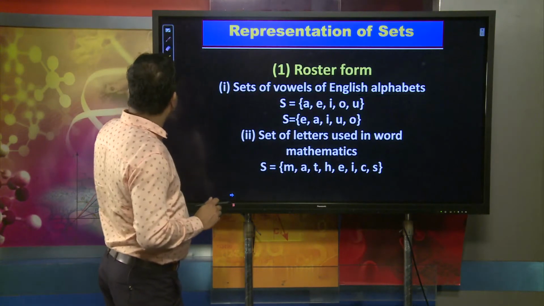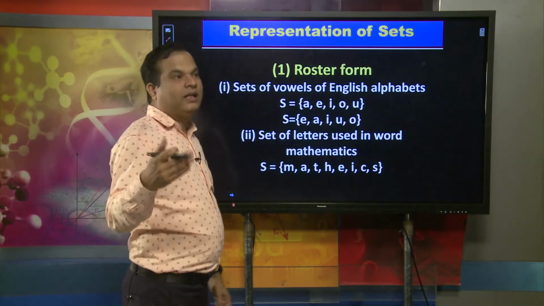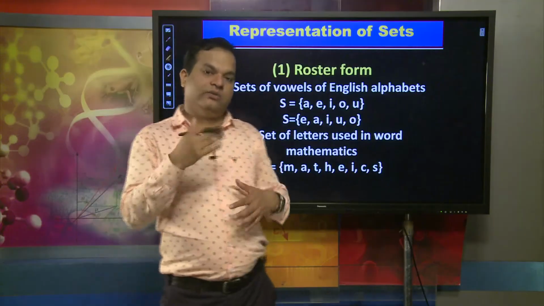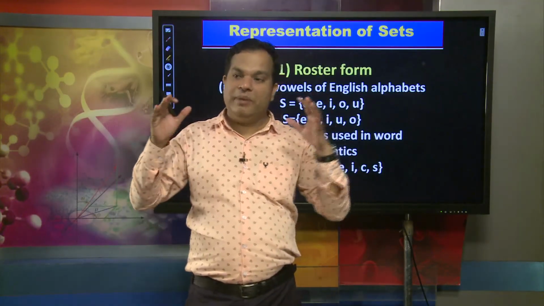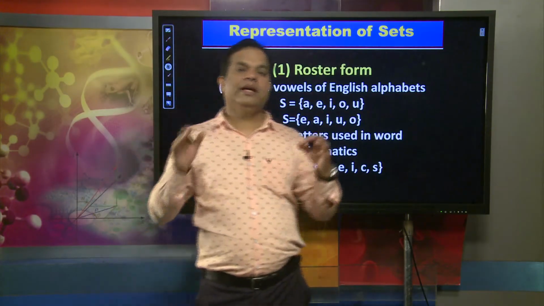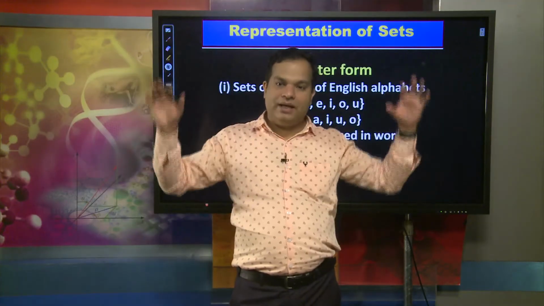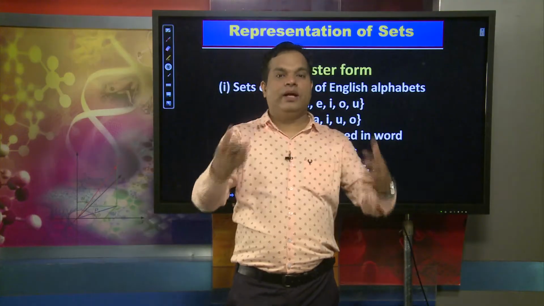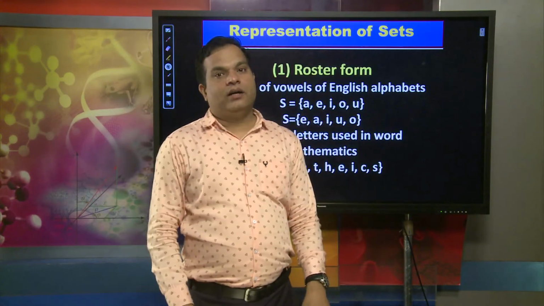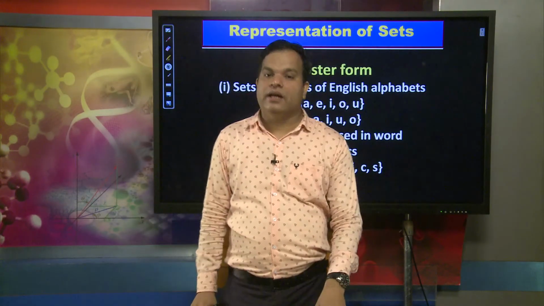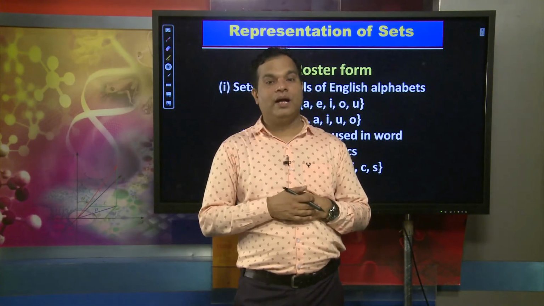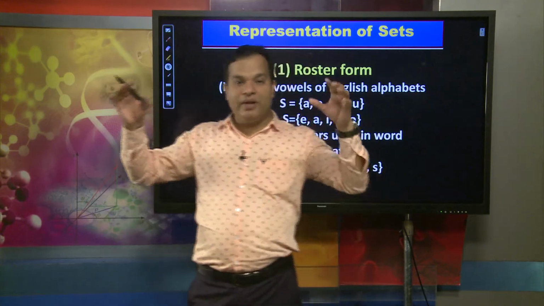Next part is representing a set in another manner. There are many situations where writing all elements within a bracket is quite difficult. Suppose I would like to write the citizens of India, you know, 1.25 crore. It is quite difficult to write all the persons within a bracket.